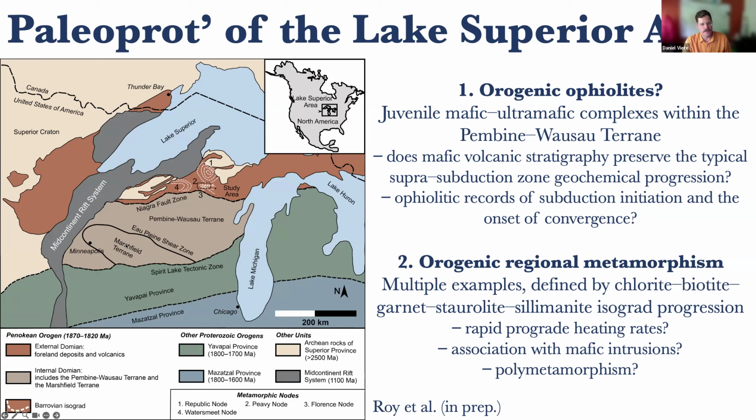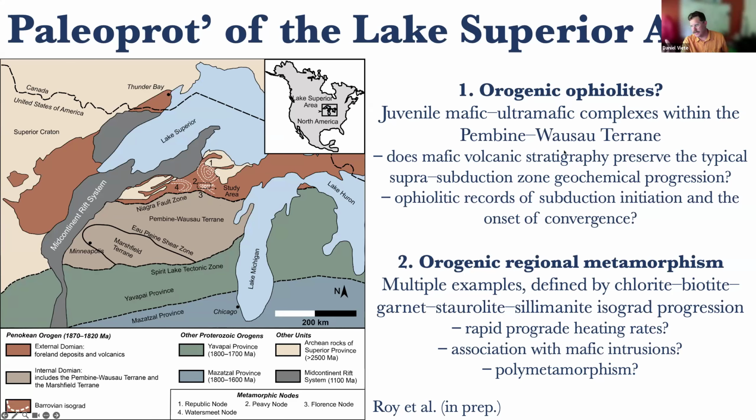And then there are some juvenile terranes, which are termed the internal domain, in this region south of the Niagara Fault Zone. These juvenile terranes carry evidence that may suggest that they are orogenic ophiolites. So I'm going to cover that a little bit, in particular in this region just south of the Niagara Fault Zone within the Pembine-Wausau terrane.